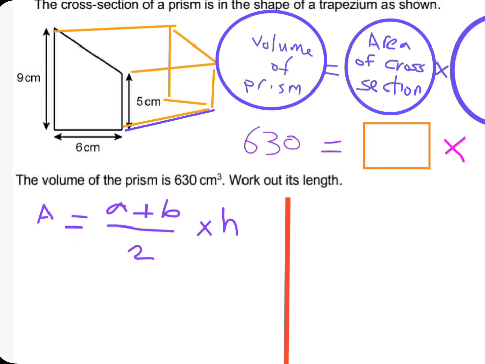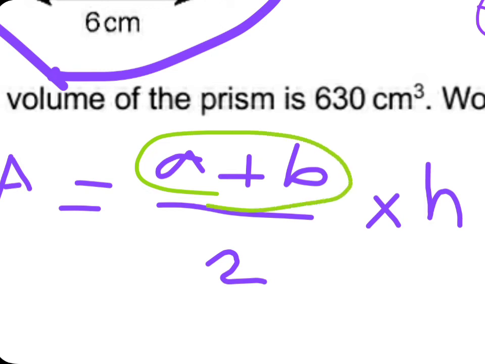Very good. Now this is the trapezium. Which one is A and which one is B? Now A and B are what? A and B in the trapezium are the bases of the trapezium. And the meaning of bases is that they are parallel to each other.